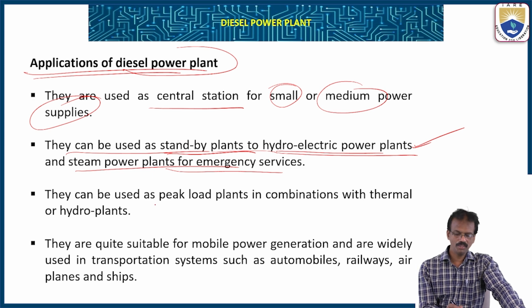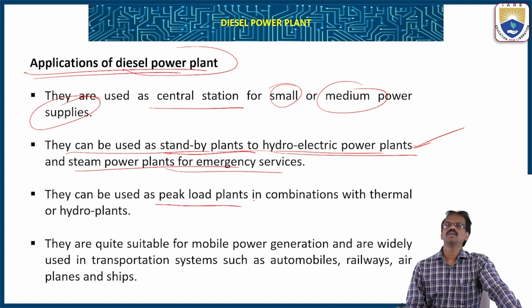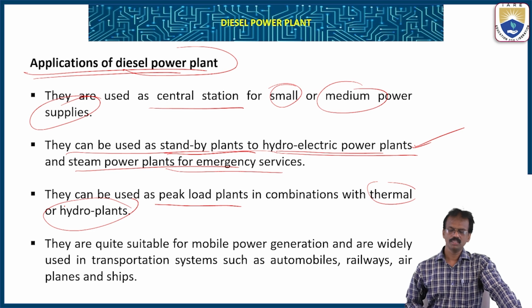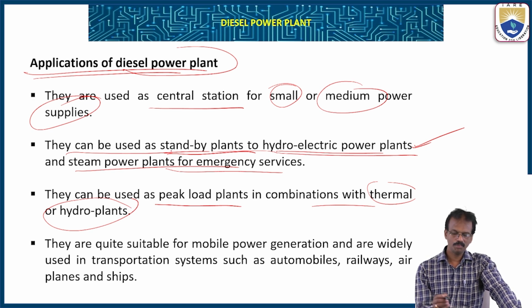Next, they can be used as peak load plants in combination with the thermal and hydro power plants. In case of thermal power plants and hydro power plants, for the continuity of power supply, we'll use these diesel engines or diesel power plants as standby plants.